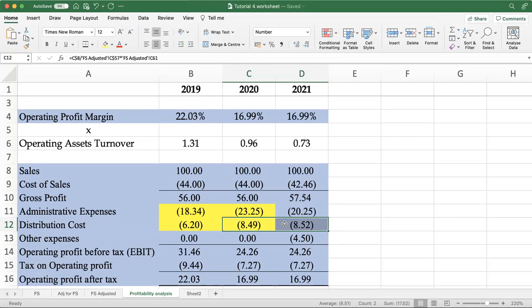The meaning is you may have spent for additional expenses that have not been incurred in 2020. So your increased sales are a result of certain additional distribution activities that have not been in 2020.